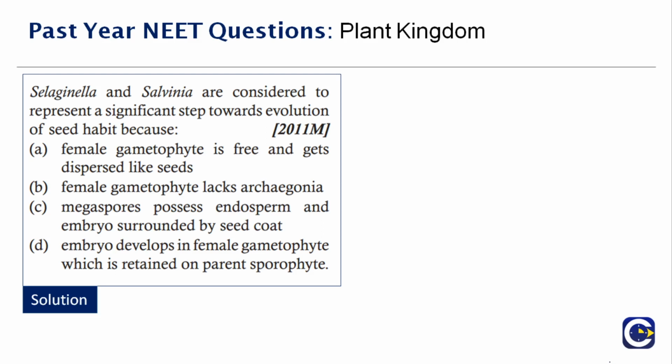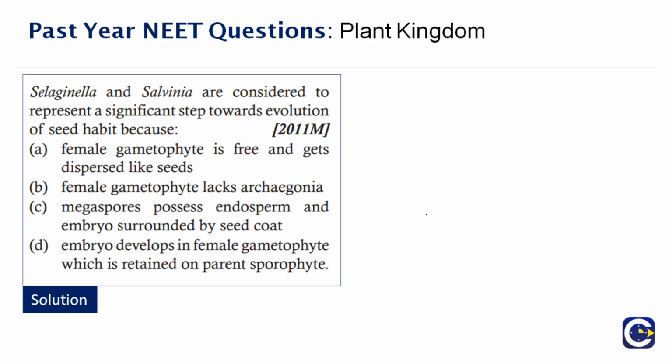Next option, female gametophyte lacks archegonia. No. As I already said, Selaginella and Salvinia are heterosporous in nature, as they produce two kinds of spores. Can anybody tell what they are? One is a microspore and the other is a megaspore or macrospore.